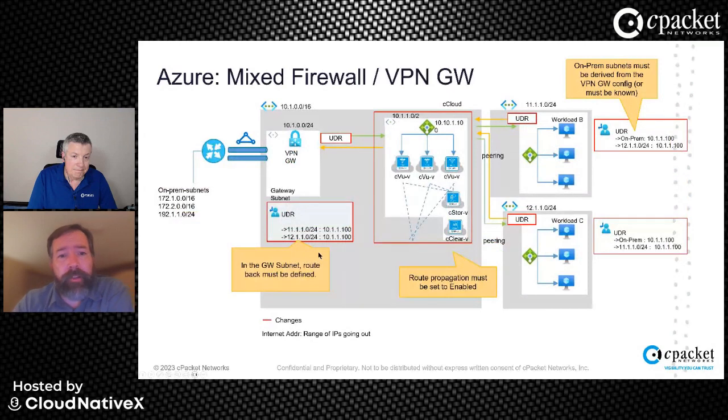All right, I'm going to move on to this one. I'm not going to spend a lot of time here, but this is another example of a hub and spoke that's also connected to a hybrid environment, where this side of the diagram goes to the on-prem data center. So this is an example where the cPacket product is now able to handle inspection of traffic going between the workload spokes and traffic going to and from the on-prem environments.